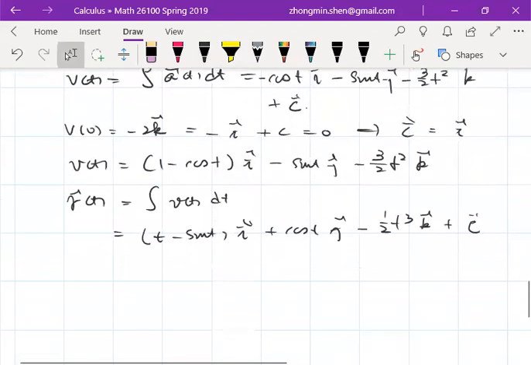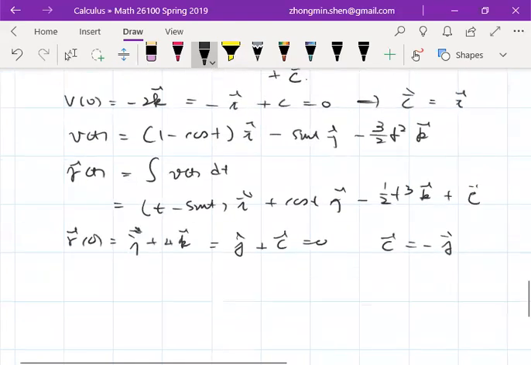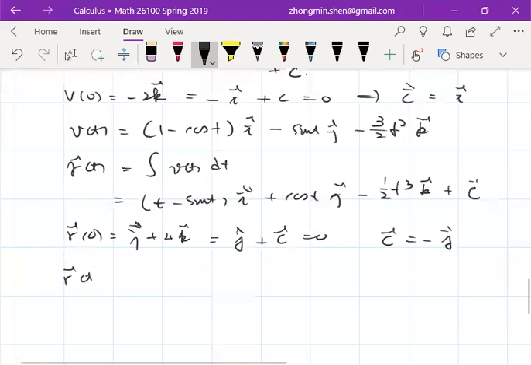Then you again plug 0 for t, you get j plus 4k. So c is going to be negative j. Once you get c, then you can get the general formula: negative 1 plus cosine t j.